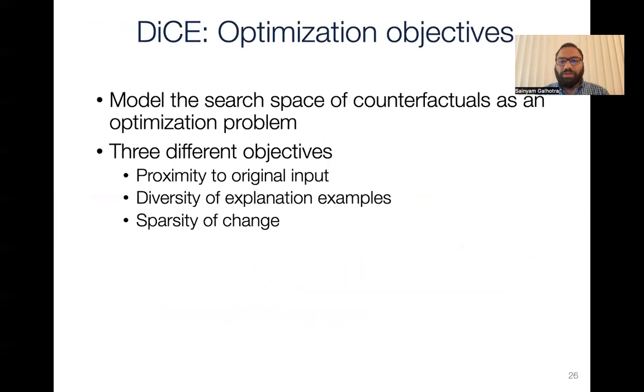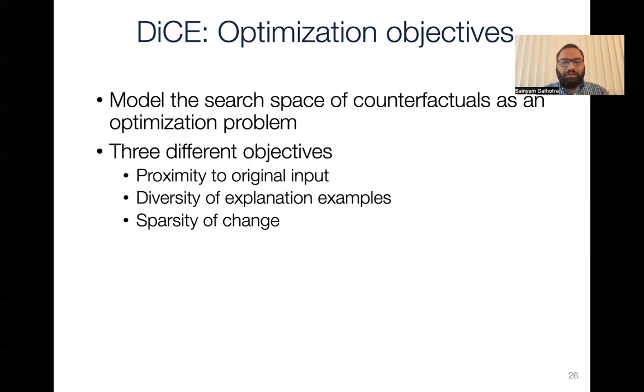The DiCE approach generates these explanations by formulating it as an optimization problem to generate counterfactual instances based on three different objective functions. The first component of the objective function ensures that the generated instance is close to the original input instance.